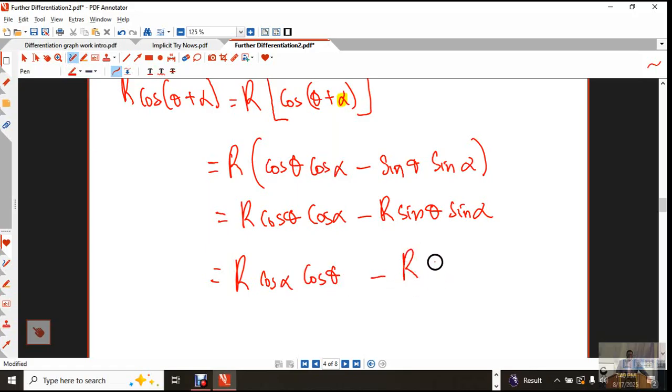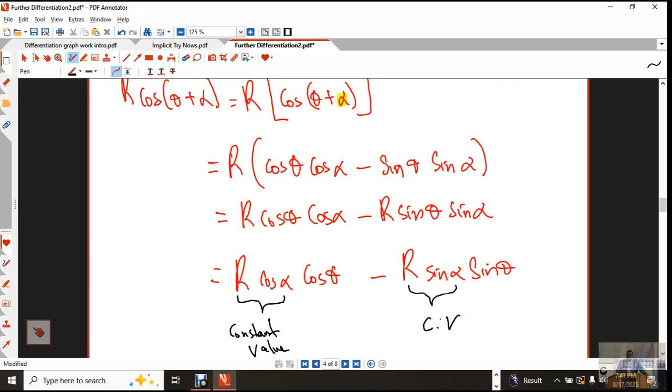The same I'm going to do here with R sin alpha, because alpha is an angle, and then sin theta. To emphasize, this over here and this over here will be constant values.